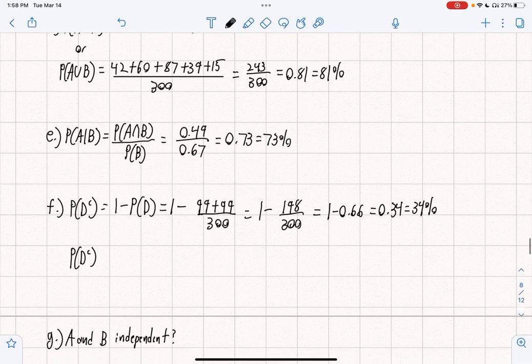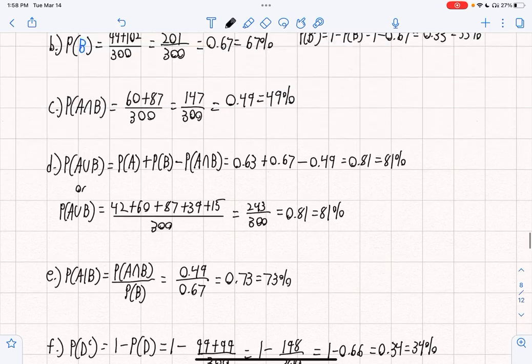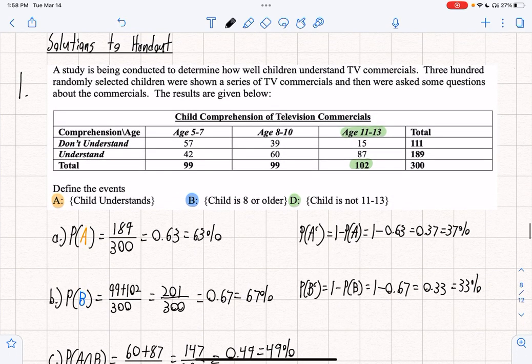So we could say this is just 102 over 300, which is 0.34 or 34%. This one was a little funky just because our event D here was a negative, so then we're having a double negative here, which means it's just 11 to 13.